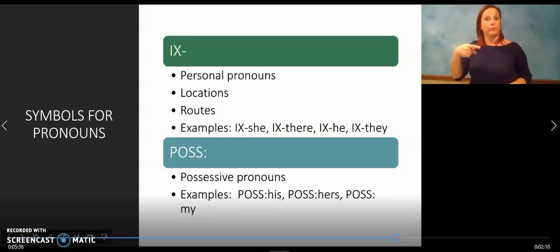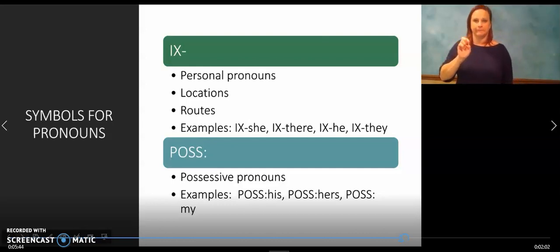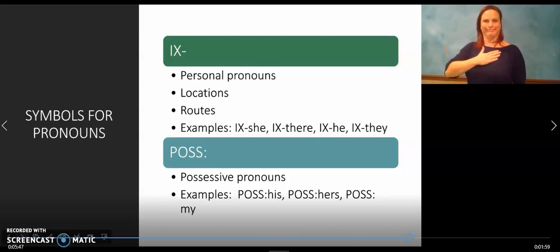The next pronoun we're going to talk about are possessive pronouns produced with this hand shape. So if you see this hand shape for possessive pronouns, mine, yours, his, hers, the way you would write that is capital POSS, a colon, and then the meaning for that possessive pronoun in lowercase.